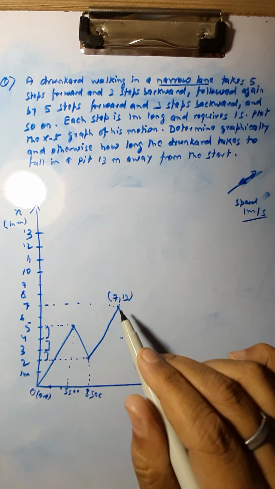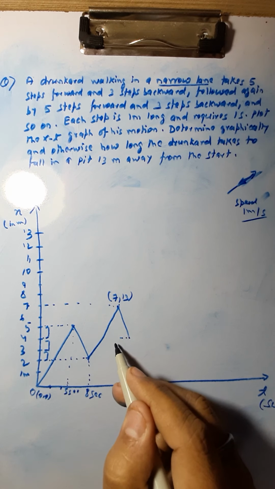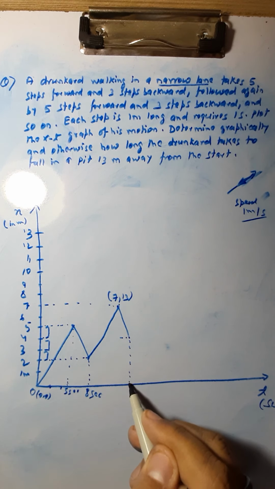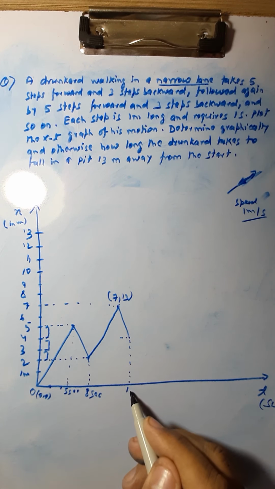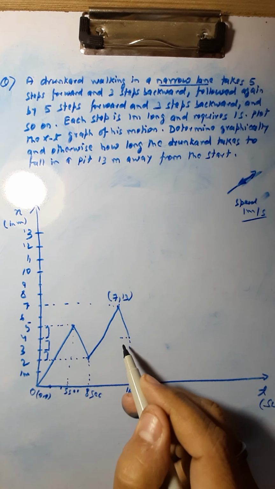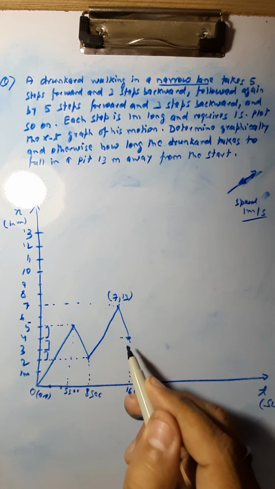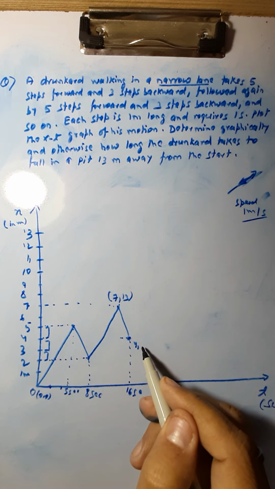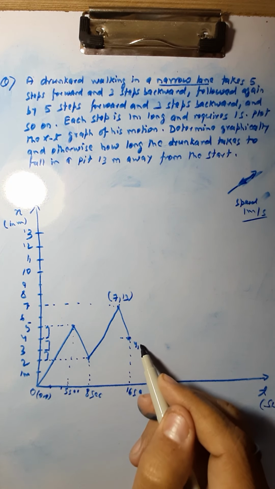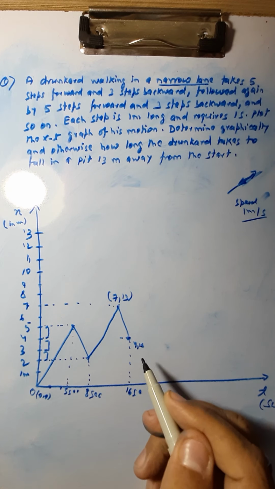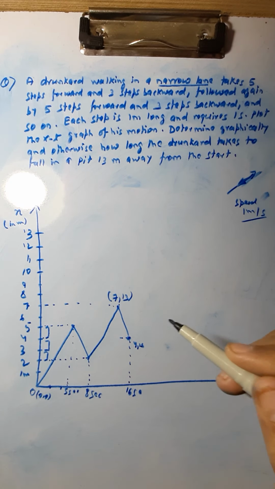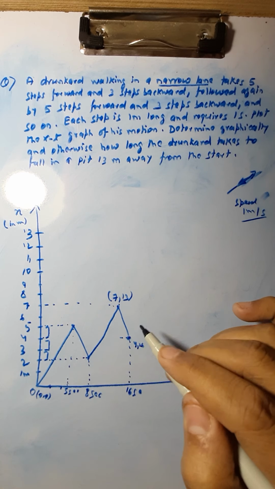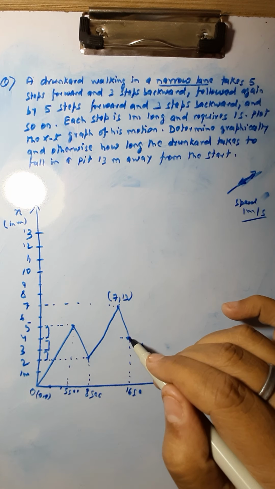At this point, the time would be 16 seconds, and the coordinates of this point would be 4 meter and 16 seconds. From here the drunkard will again take 5 steps forward.